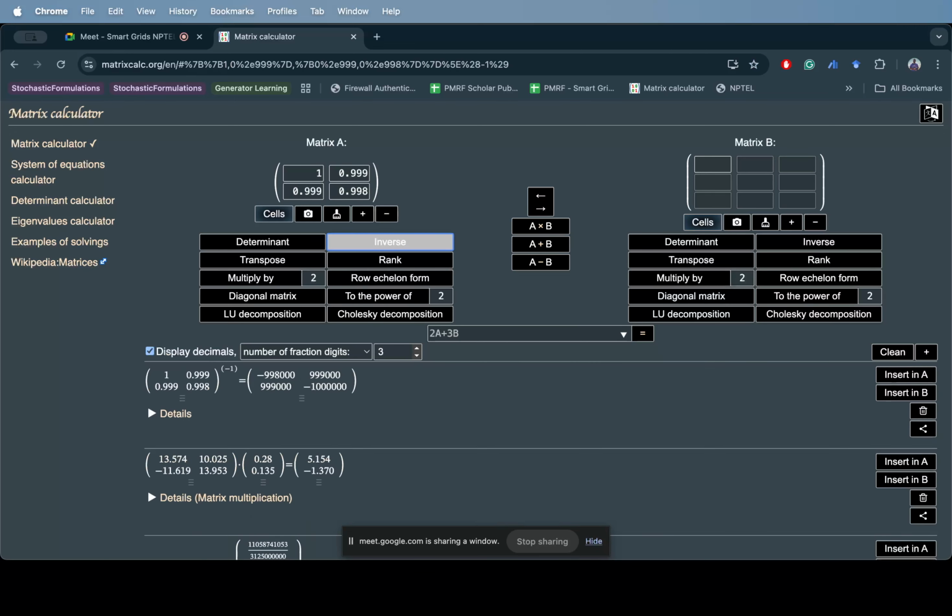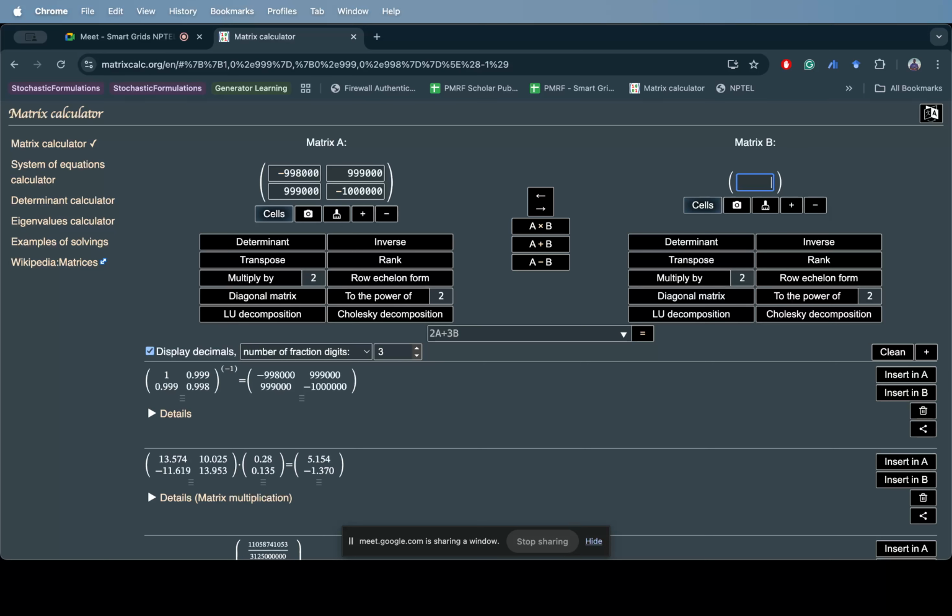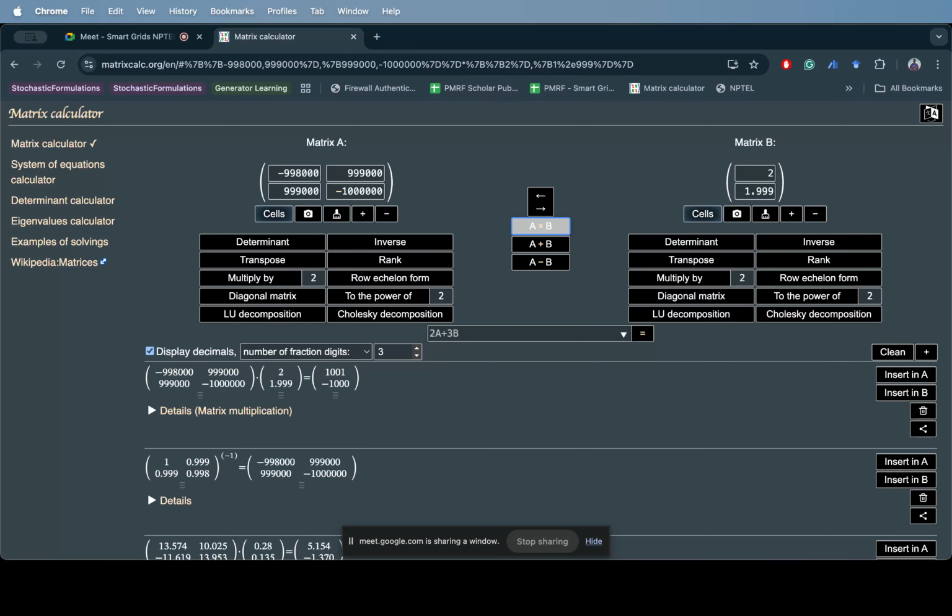I'll inverse this and multiply by B, I kept only 2 and 1.999, right? If I find the answer, X would be what? 1001 and minus 1000, right? You see the answer was this.